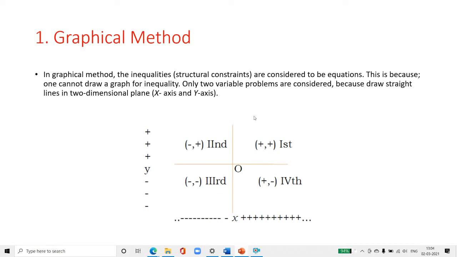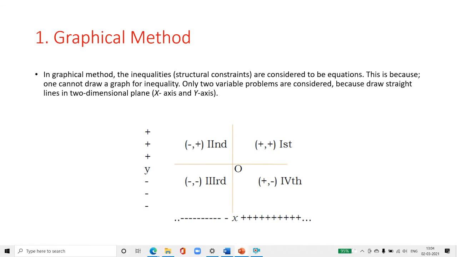I am drawing the x and y axes. So this is our first quadrant, second quadrant, third quadrant, and fourth quadrant. Plus plus means the first quadrant. If the first variable is negative and the second variable is positive, this is the second quadrant. In the third quadrant, both variables have negative values, minus minus.